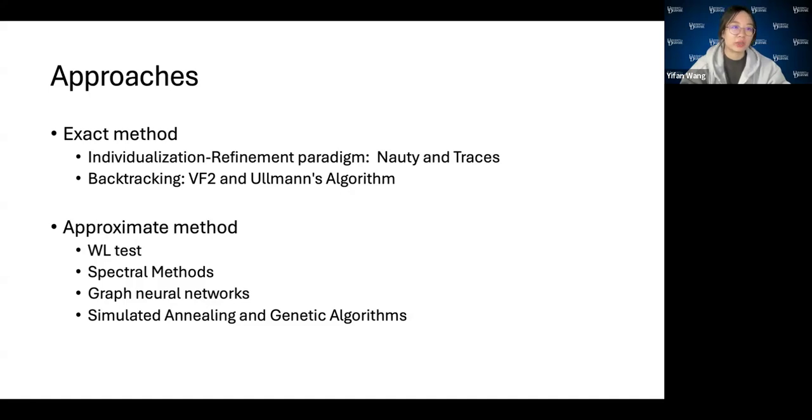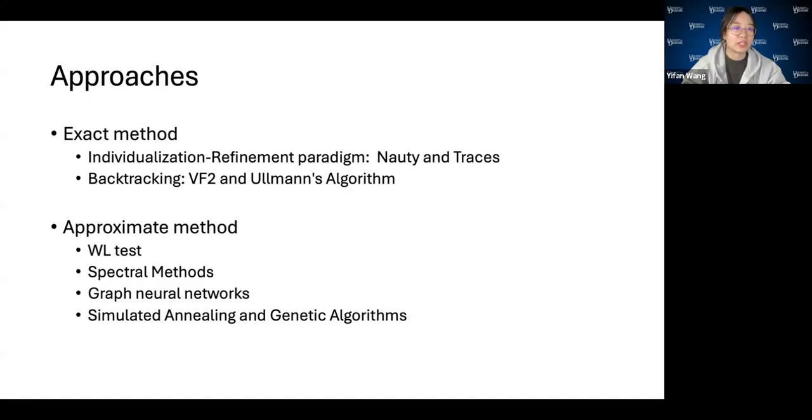They include powerful techniques like the individualization refinement paradigm, which is used by algorithms like Nauty and Traces. For Traces, we will talk about it later. This approach breaks down the graph into some simple parts. Therefore, it is relatively easy to identify the isomorphism.